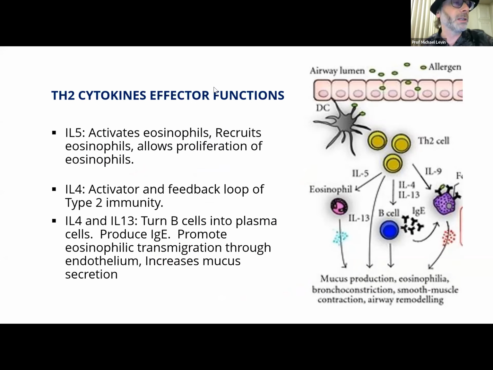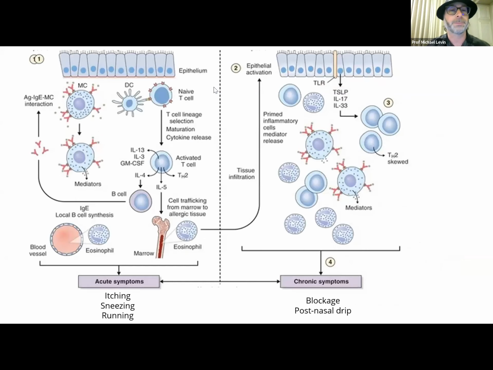The reason this is important, I'll come to when I talk about the therapy of allergic rhinitis, is about the way you educate your patients and the specific medications that you need to use in order to address all 3 different phases of that effector mechanism.